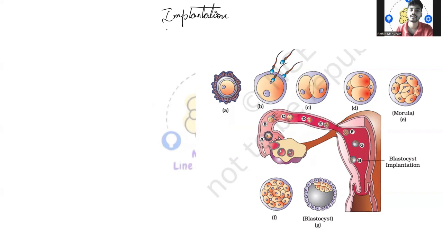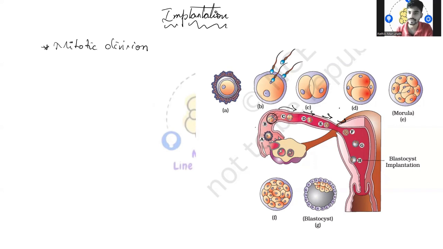See, what happens is, one way is that immediately the mitotic division takes place, where the zygote starts moving through the isthmus of the oviduct.